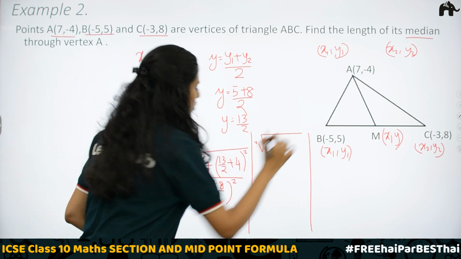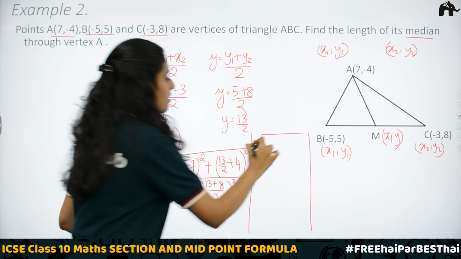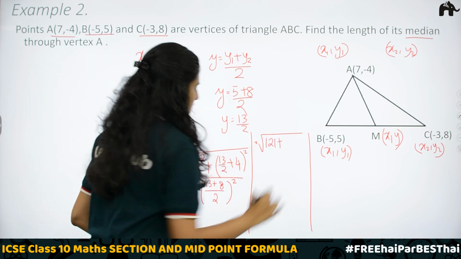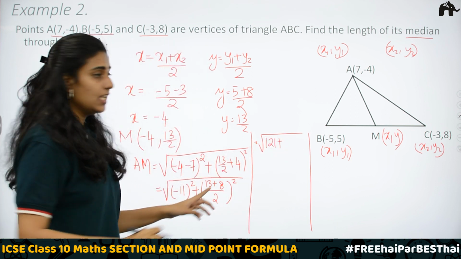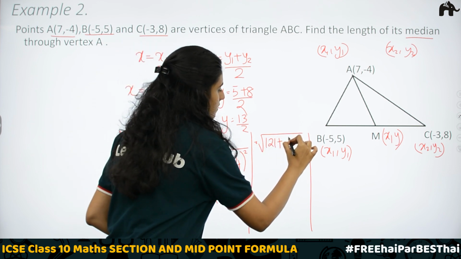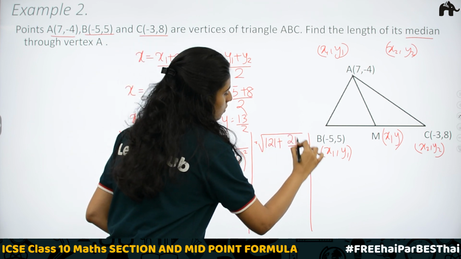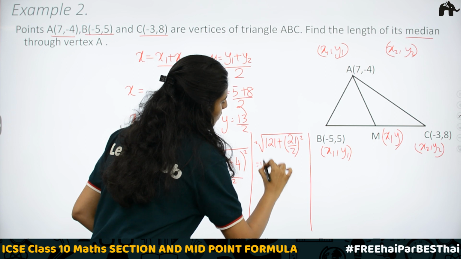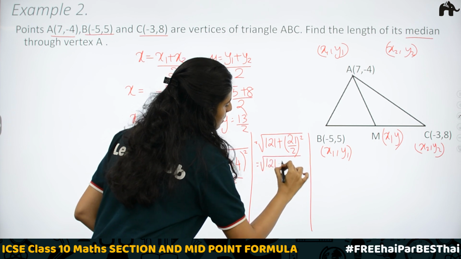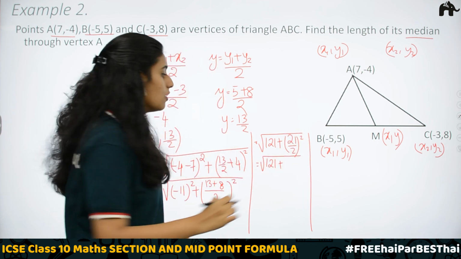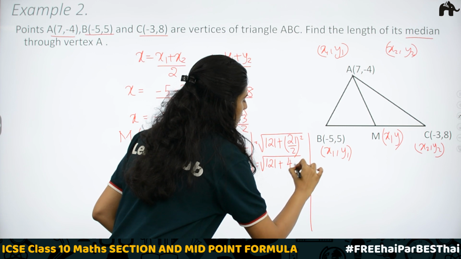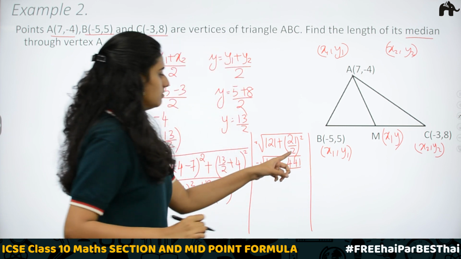Equal to root of minus 11 square is 121 plus 13 plus 8 is 21. 21 by 2 whole square, which is equal to root of 121 plus 21 square is 441 divided by 2 square, 4.